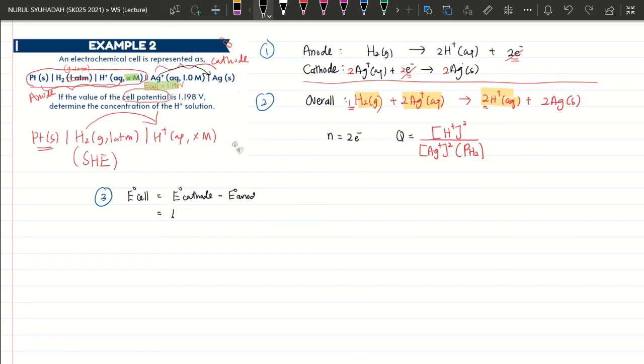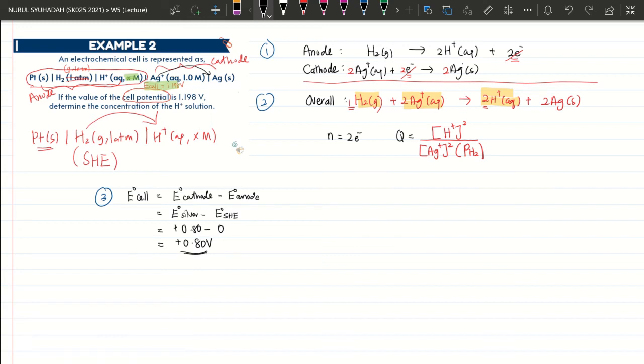Our cathode is E0 silver, minus, like I mentioned before, our anode is actually our SHE. So E0 SHE. Still remember what's the value of SHE? SHE will be 0.00 volt. For silver, you will get the value from the SRP table, which is positive 0.80, so minus 0. So we will get positive 0.80 volt for the E0 cell.